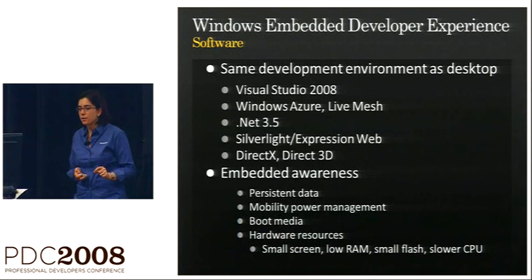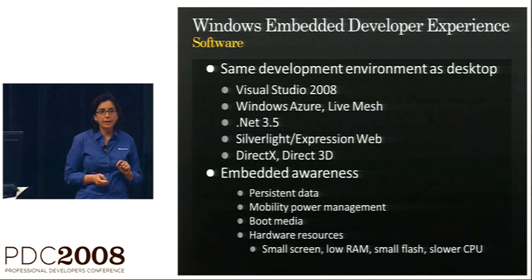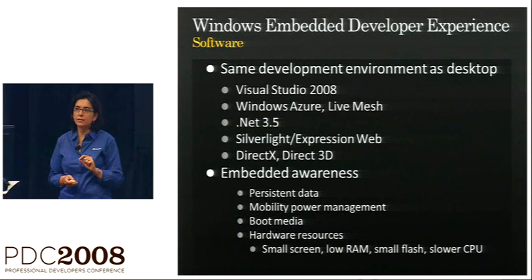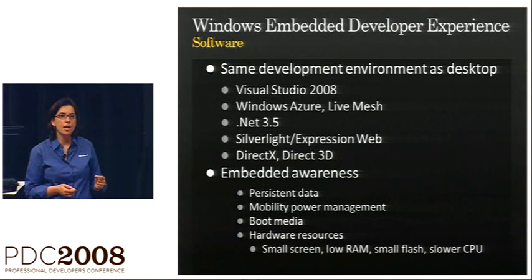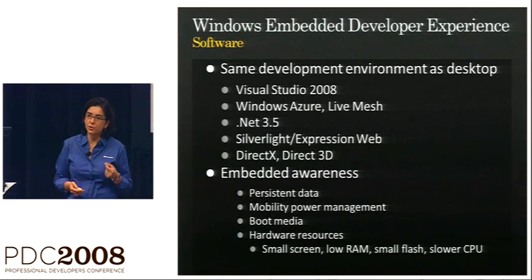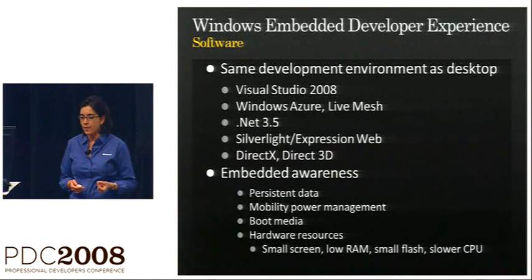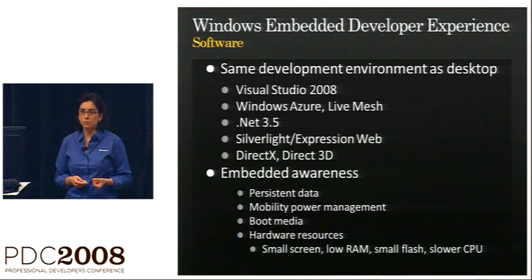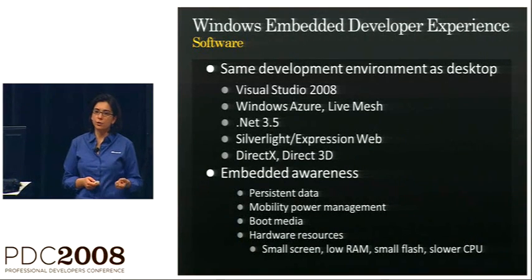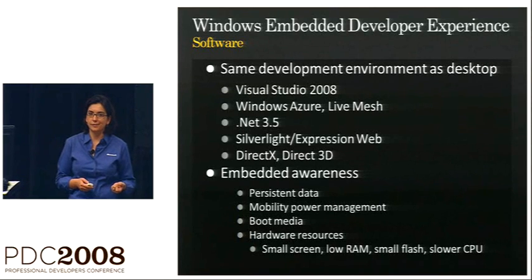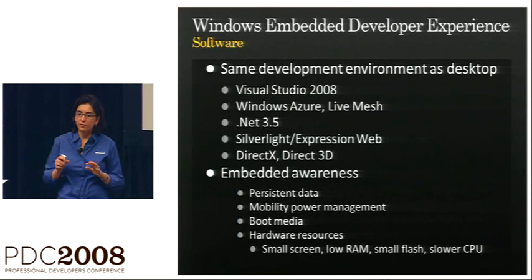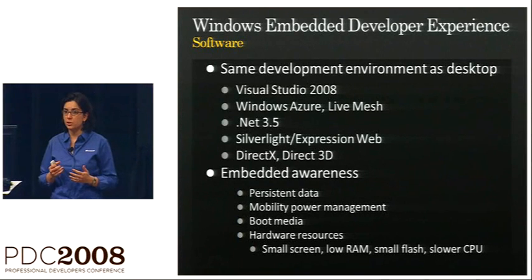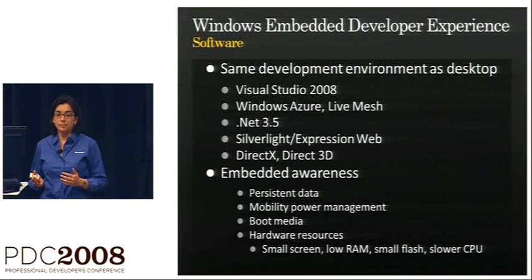Now, the catch here is that because Quebec provides embedded specific features, when you write your application, you need to be aware of certain embedded needs. For example, if your device needs to be read-only, we have features that support that scenario. Now, if your application needs to save some persistent data, with Quebec, you need to be aware of that.